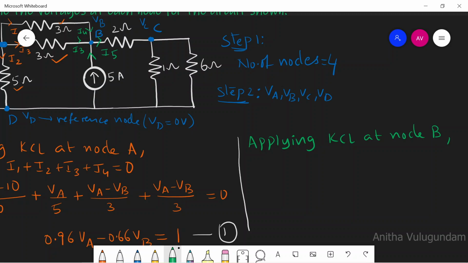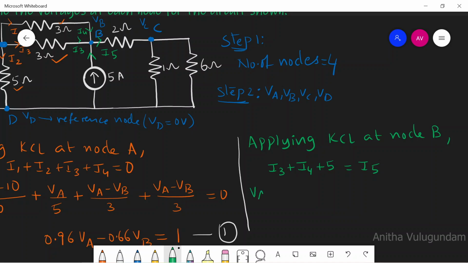Let it be I5. I can write it as I3 plus I4 plus 5 equal to I5. Sum of currents entering equal to sum of currents leaving. I3, I4 and 5 amperes are entering into this node, and I5 is leaving.